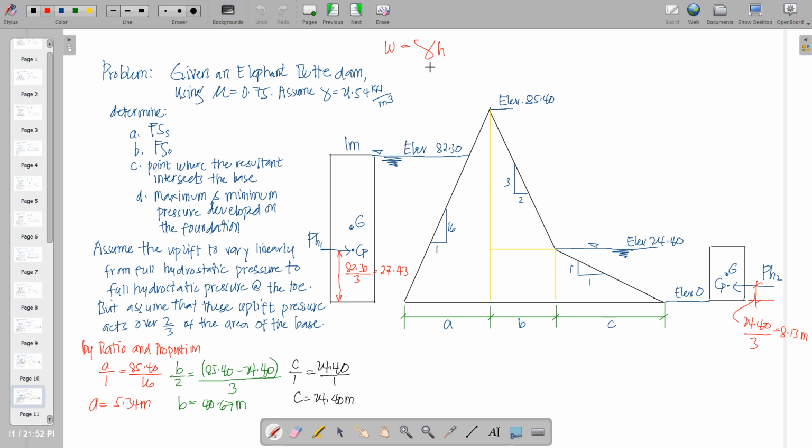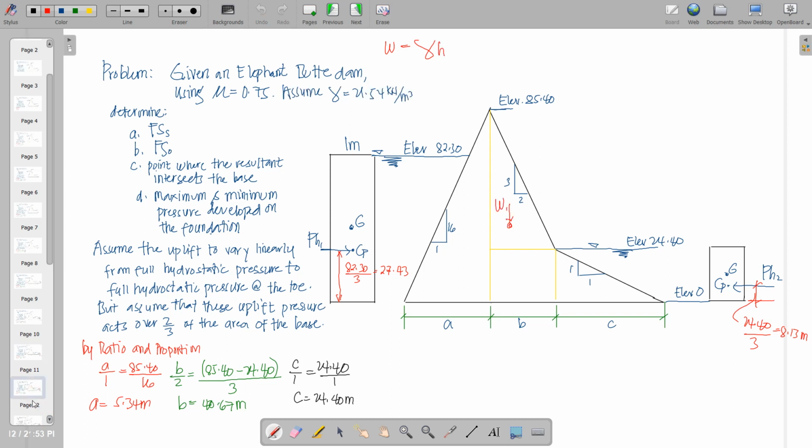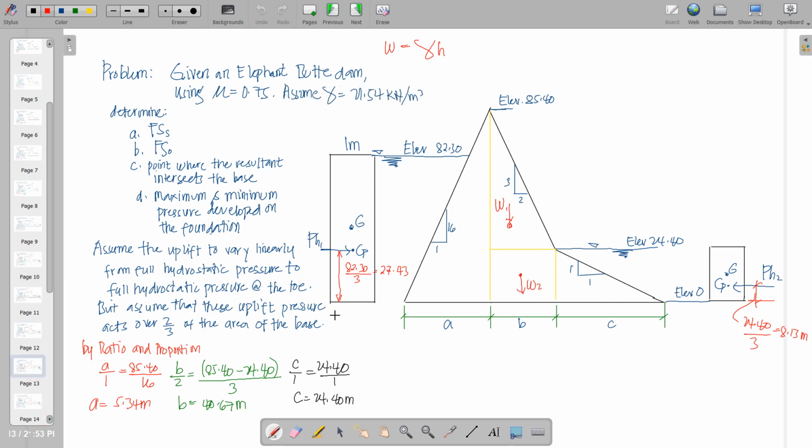And then from that, recall that weight is equal to gamma times volume. Okay, and then we're going to label all the composite areas with their corresponding weights.